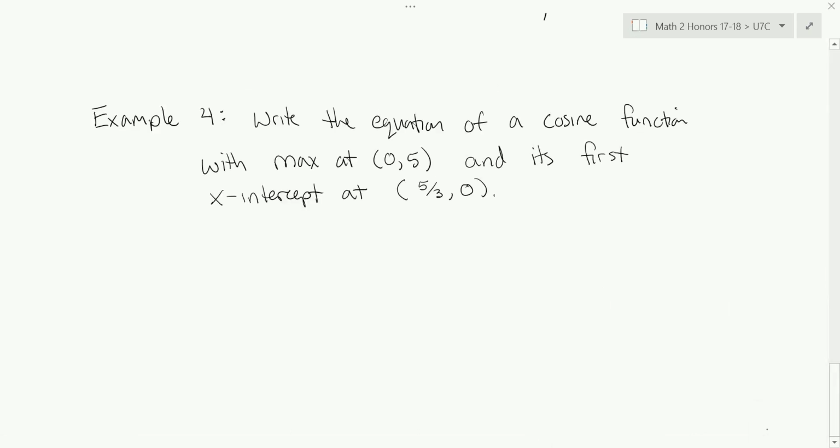Okay, example 4. Write the equation of a cosine function with a maximum at 0, 5 and its first x-intercept to the right of that maximum at 5/3, 0.